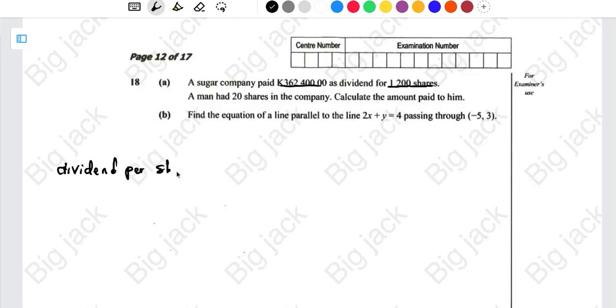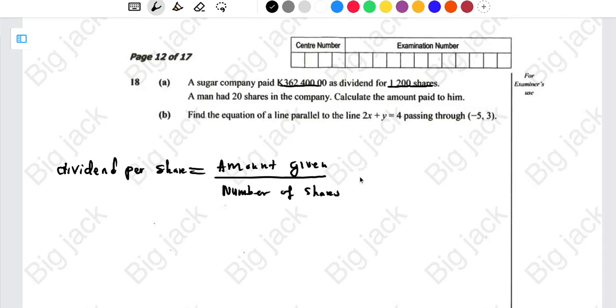Dividend per share is going to be equal to the amount given divided by the number of shares.